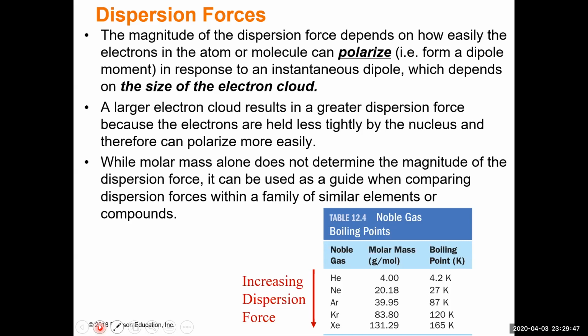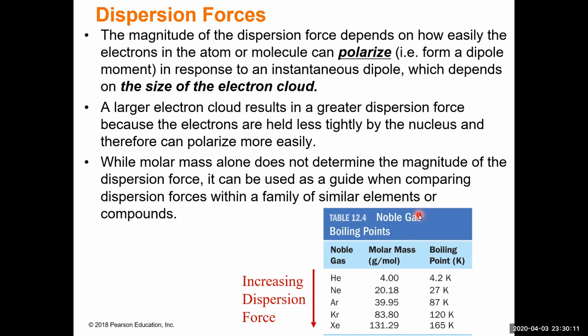So while molar mass alone doesn't determine the magnitude of the dispersion force, it can be used as a guide when we're comparing dispersion forces within a family of similar elements or compounds. So we see here in table 12.2 or 12.4, we're comparing the boiling points of all noble gases.